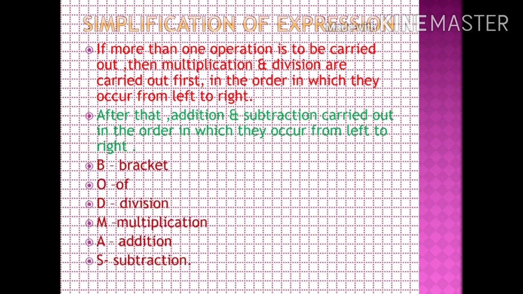BODMAS means B for bracket, O for of, D for division, M for multiplication, A for addition, S for subtraction. So whenever we get this type of mathematical expression, first we have to solve the bracket, then division, multiplication, then addition, then subtraction.